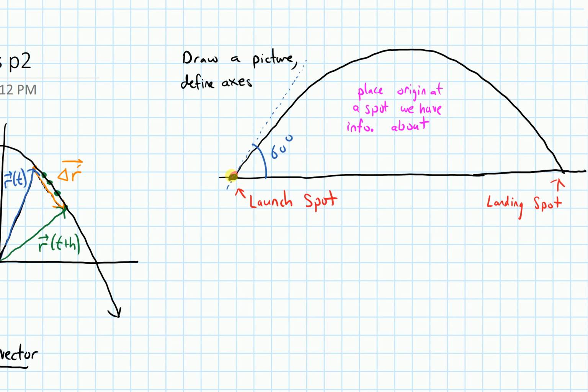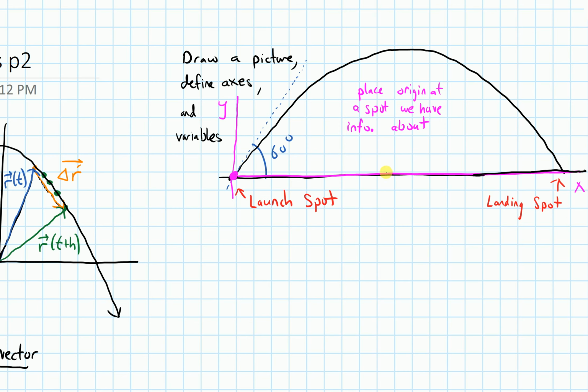And I'm just going to make the horizontal direction be my x-axis. So this is going to be my x-axis. And then I'm going to have a vertical direction, and I'm going to have that be the positive y direction. All right. So another thing that it's good to do at the start of these problems is to also define any variables. So we already have an x and a y indicated in terms of our axes.